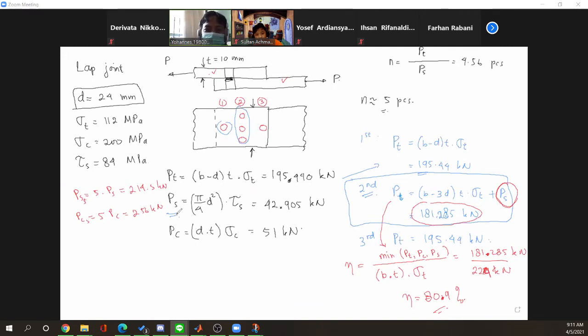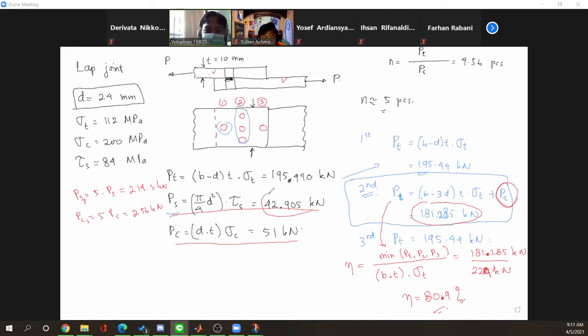In the second row, I still don't understand why do we sum it with the stress of shear? Why don't we use the crushing stress? Okay. So, yes, that part. From this calculation, we found that the weakest part is the shearing failure, not the crushing failure. I mean, the shearing load is smaller than the crushing load.